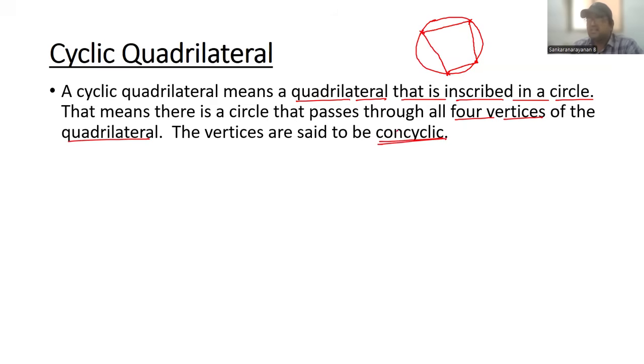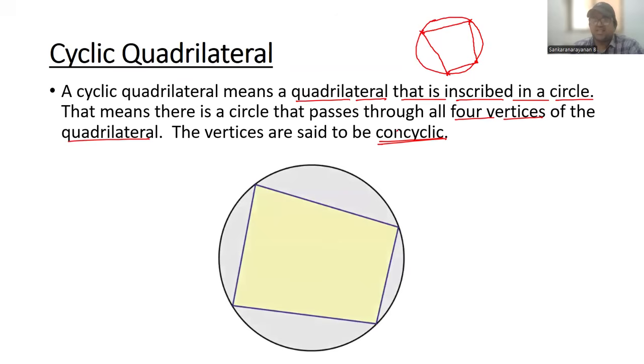I'm throwing that particular word in front of you here because in the question, if you see a quadrilateral where the vertices are concyclic, you should be able to interpret that the quadrilateral given is a cyclic quadrilateral. So it looks like this, as you can see. Let me consider that the vertices are A, B, C, and D. So this is how the cyclic quadrilateral looks like.